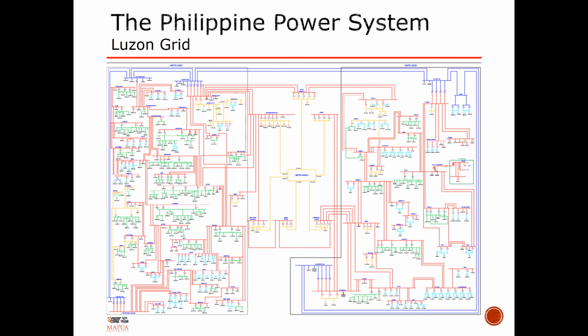But one of our largest distribution utilities in Luzon, which is Meralco or Manila Electric, manages 70% of the Luzon Grid's consumption. Within that 70%, the 50% portion is Metro Manila.